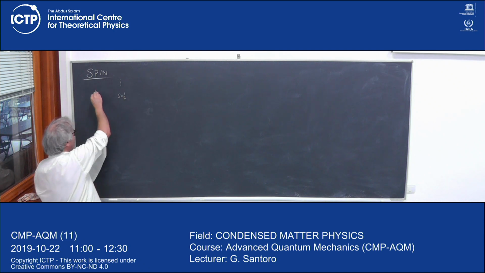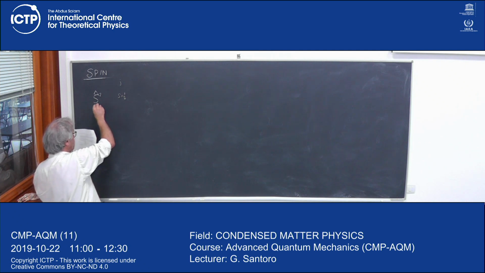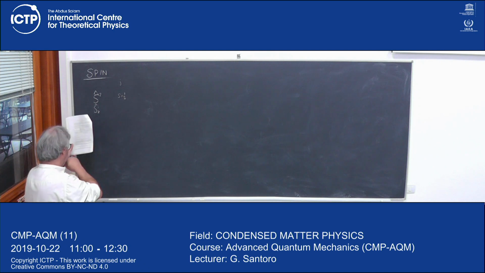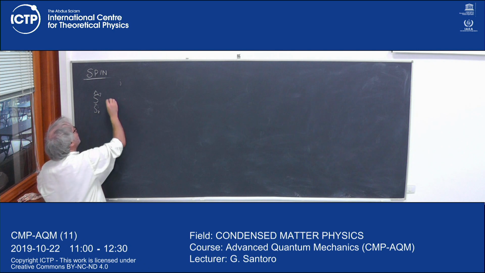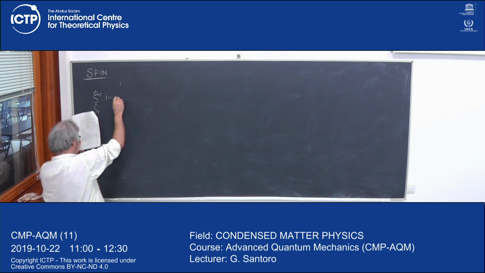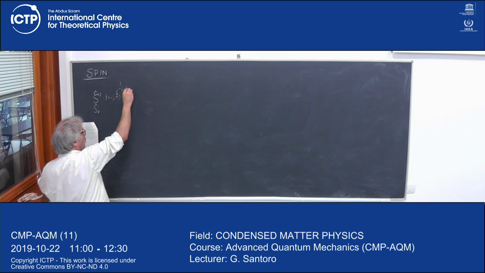Obviously there are three components of this thing. I can form S squared, I can form Sz, and I know that I have states, which I will call S equal to 1/2, and then I will use here M. This M could be minus 1/2 or 1/2.